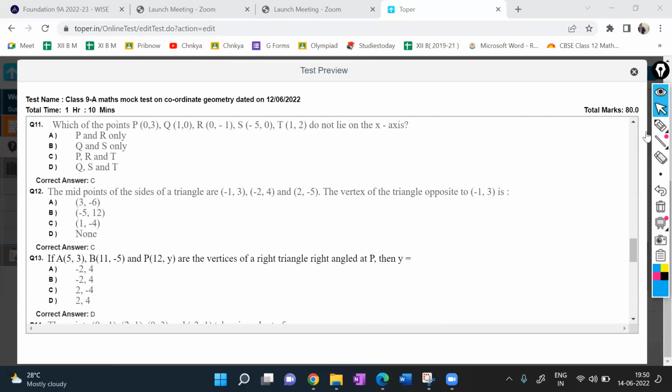Which are the points that do not lie on the x-axis? P or T is the answer. You just plot the points. Hope you are aware how to plot these coordinates on the graph. Guys, do you know how to plot this?